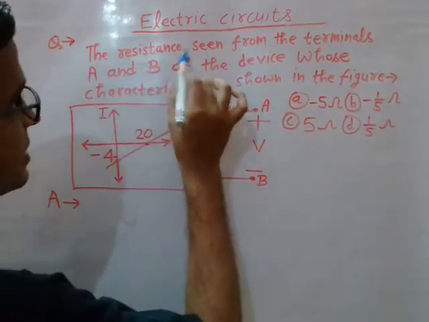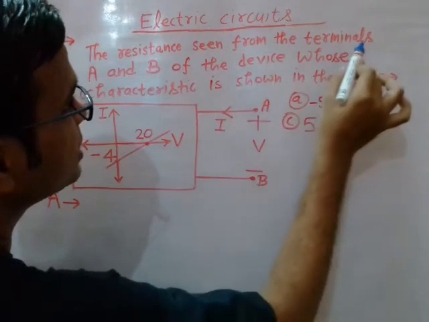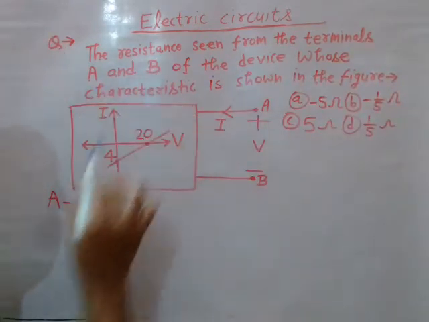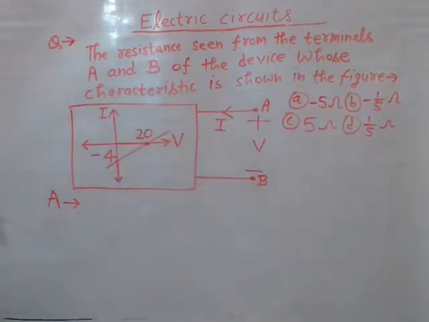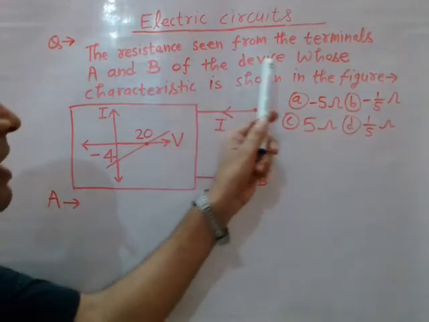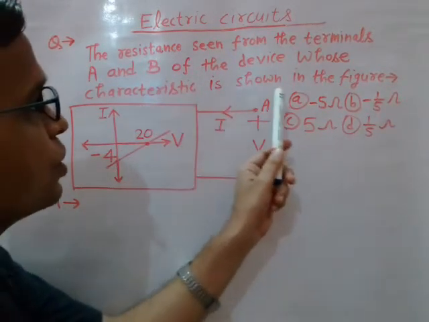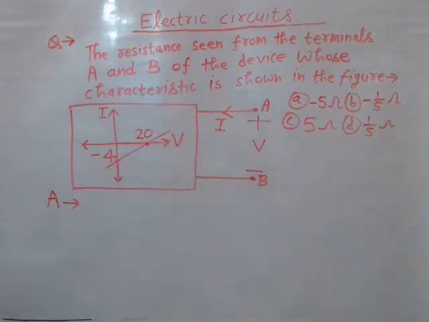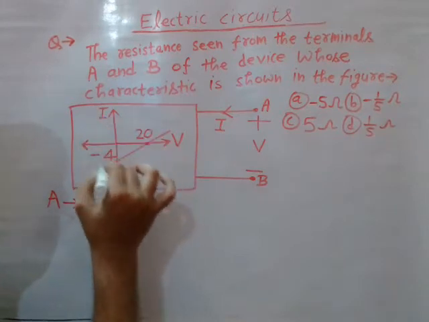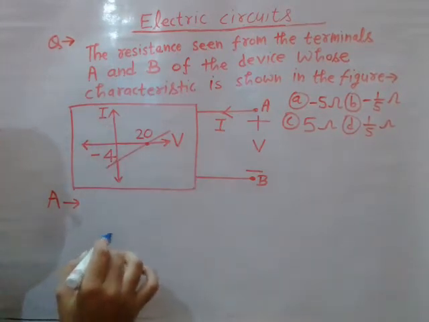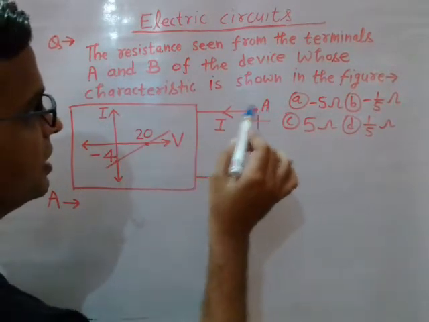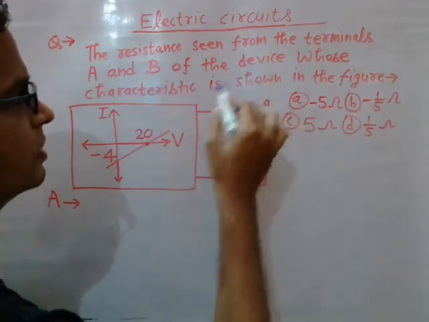The resistance seen from the terminals A and B of the device whose characteristic is shown in the figure, right? So this is the characteristic which is shown in the figure, and it is a characteristic of a particular device, right?